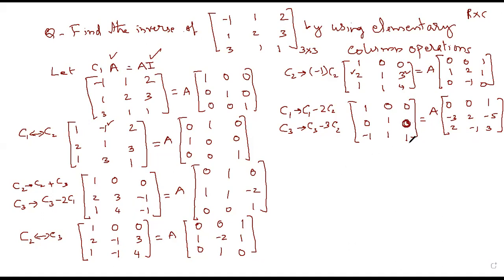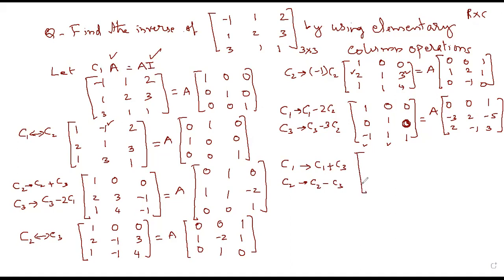Now we got here 0 from this 1, here we got 1. Here and here we have to make 0, so we can add directly here and subtract here. So we have to change C1 and C2 by using C3. In C1 we add C3, and in C2 we subtract C3: C2 minus C3.